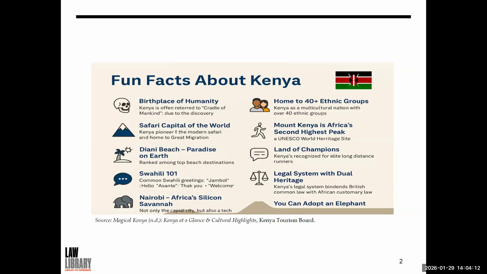You can adopt an elephant. We have the David Sheldrick Wildlife Trust, where visitors can come as tourists and adopt orphaned baby elephants as a way of contributing to conservation efforts.